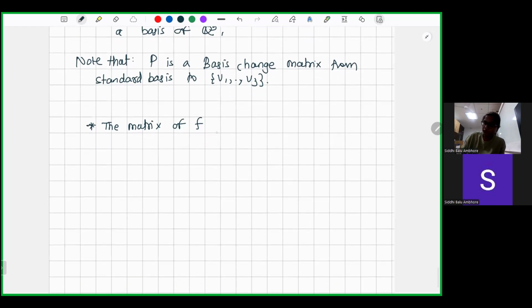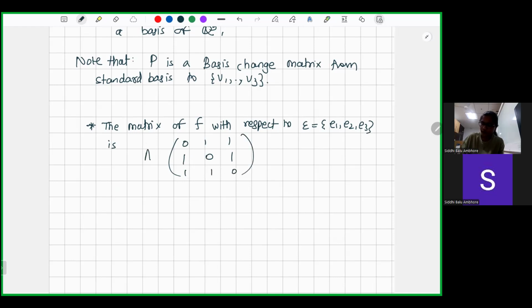The matrix of F with respect to epsilon, that is the standard basis E1, E2, E3, is this, the given matrix. Suppose we call it A.